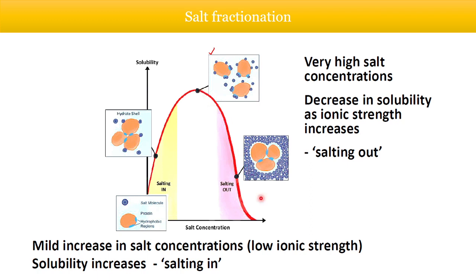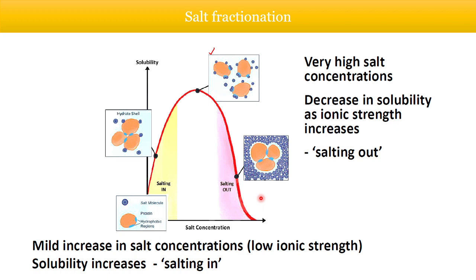The salting out phenomenon occurs, where the salt concentration is very high and it prevents the protein molecules from being in contact with the water molecules, and due to intermolecular hydrogen bonding and not intramolecular hydrogen bonding with the water molecules, the protein precipitates out.